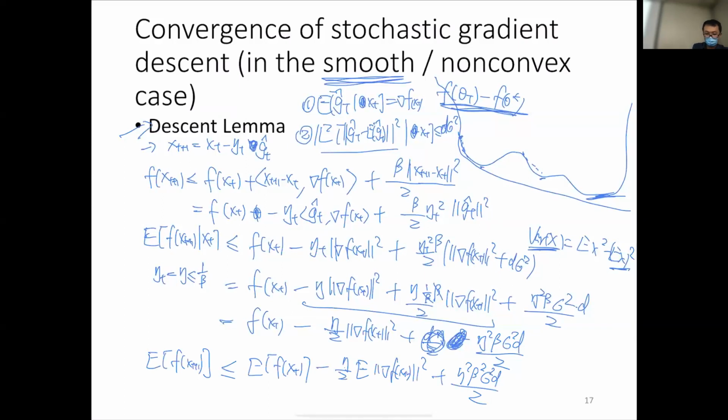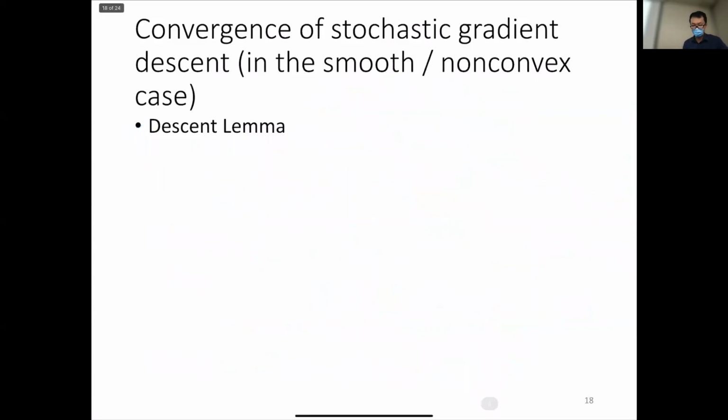What I'm going to do is add up from 1 to t, right? So when I add up everything, you can see that the differences in these objective function values will cancel out with each other. So let me see. Yeah, we still have one more page here.